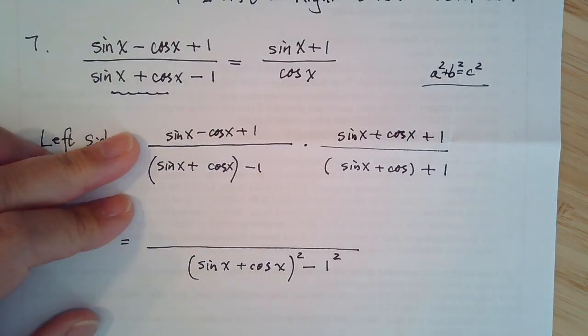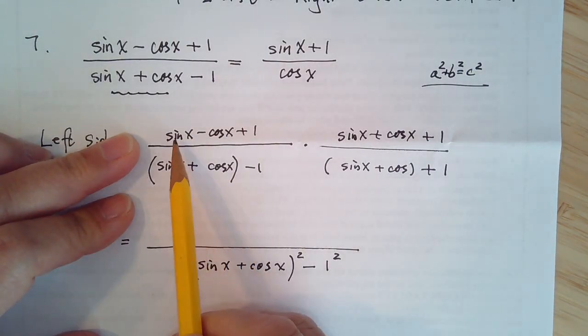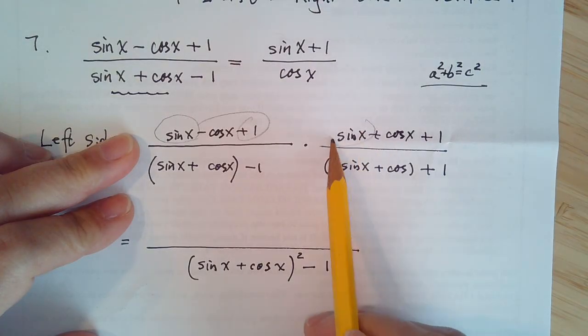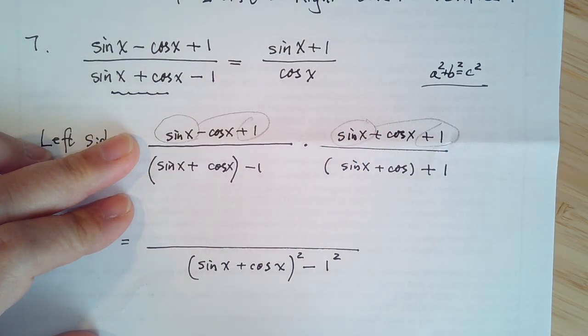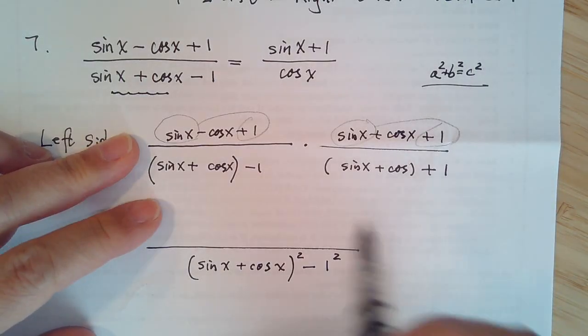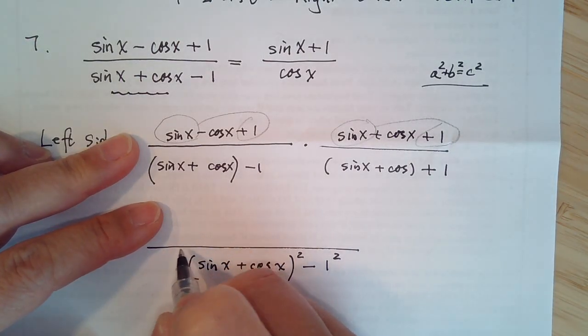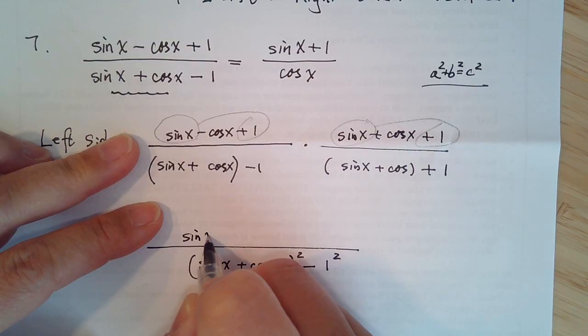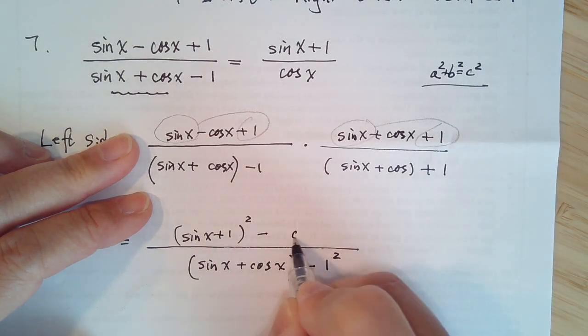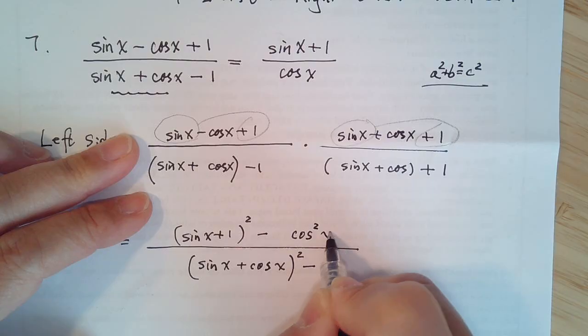Let me use a pencil to show you this is the same. We have sine x plus 1, then plus and minus cosine x. Again, this is a plus b times a minus b, so the numerator is sine x plus 1 squared minus cosine squared x.